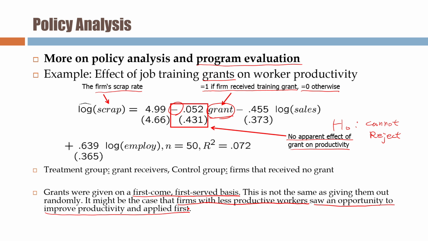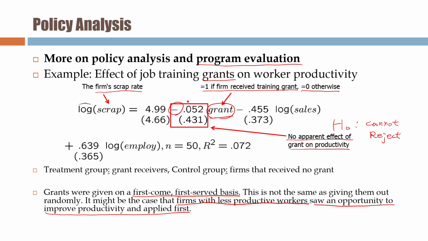Even though they improved, most of the other companies who didn't get a grant already have good productivity. So if you compare the productivity, maybe these two groups are pretty similar, because the company who got a grant was pretty bad but is now getting better, and the companies who didn't get a grant are already good. So both of them are similar. Then you can say, yeah, there's no effect of the grant, right?